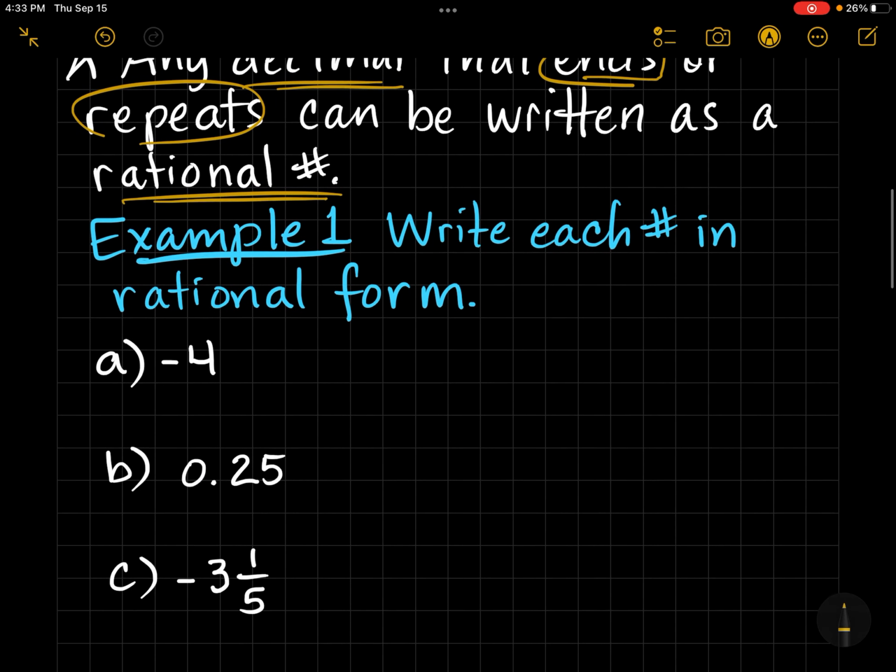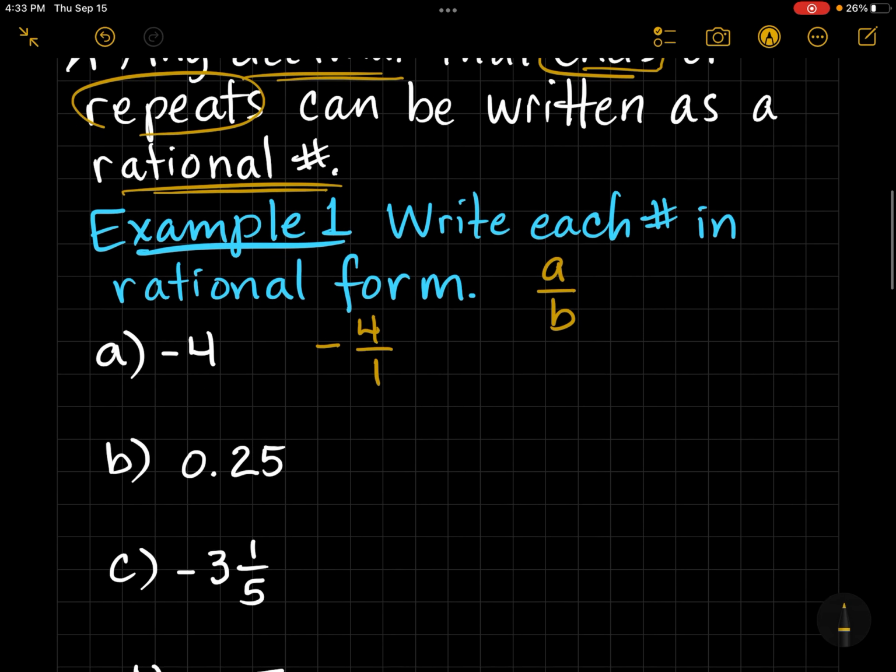In example 1, we're going to practice writing each number in its rational form, meaning we're going to write it as a fraction. No mixed numbers allowed, just A over B. So here, -4, we could write that as -4 over 1. There we have it, all done.